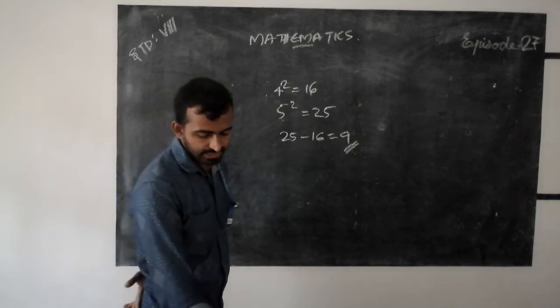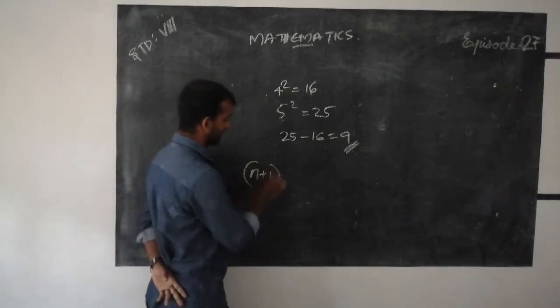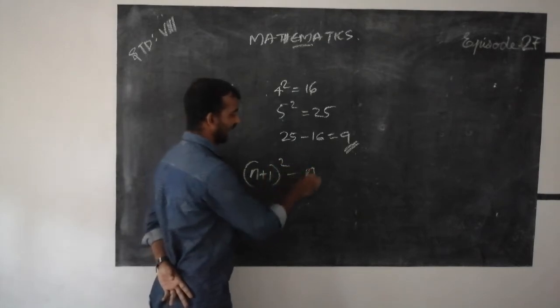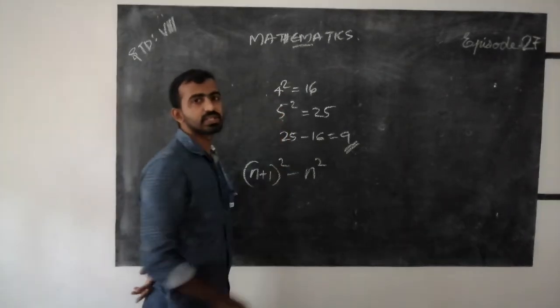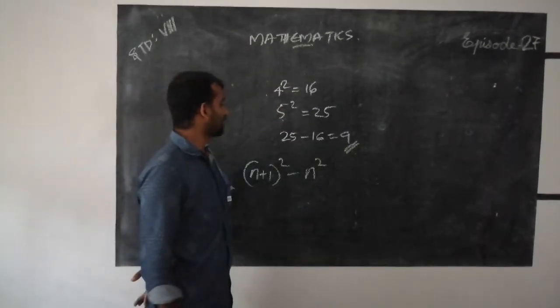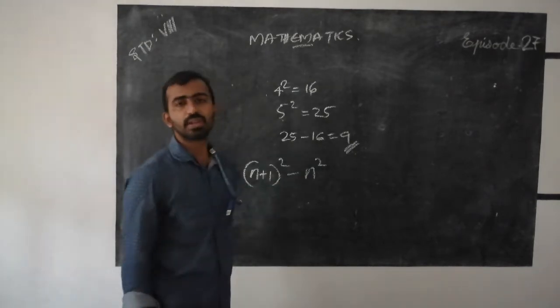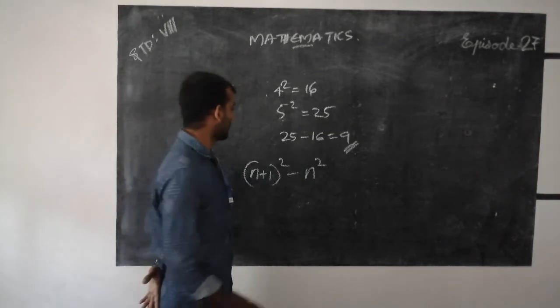That is, we can generally say that n square, (n plus 1) the whole square minus n square. We take the squares and when we take the difference, we get what?